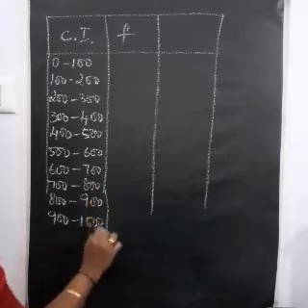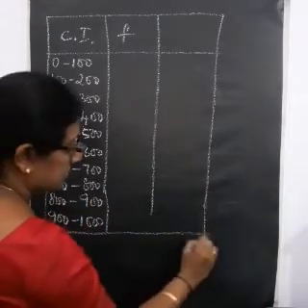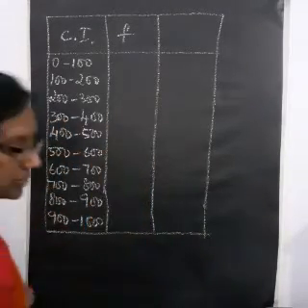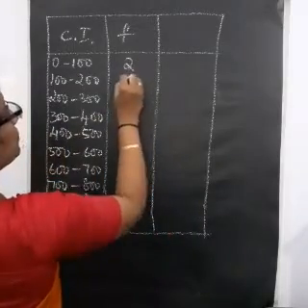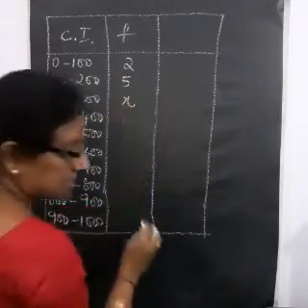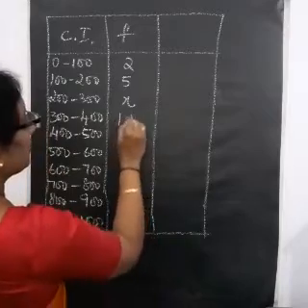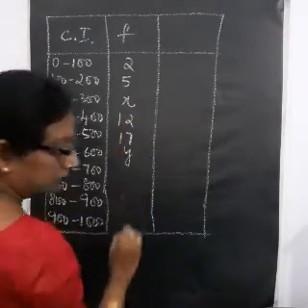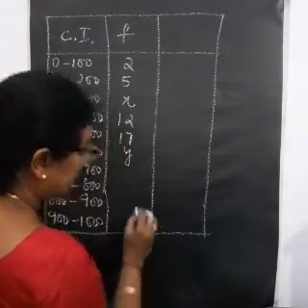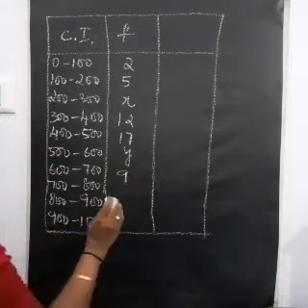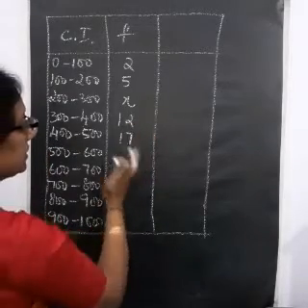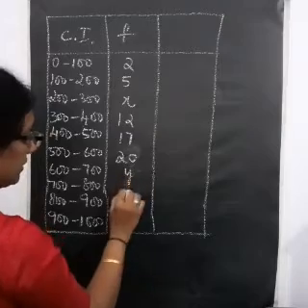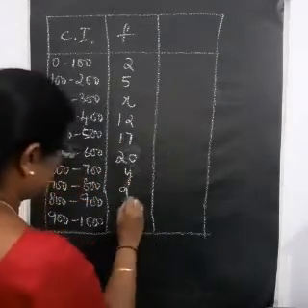They say that the frequencies given for these are 2, 5, x, 12, 17, 20, y, 9, 7, 4.